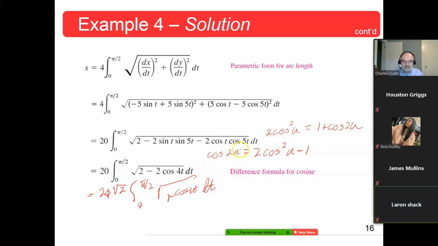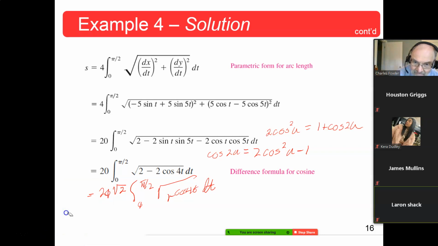Up here we have 1 plus, and that's the part I'm having trouble seeing how they finesse their way around. All they say is use a different double angle formula. That's because I used the wrong one. Sorry about that. Let's go back and use the right one.